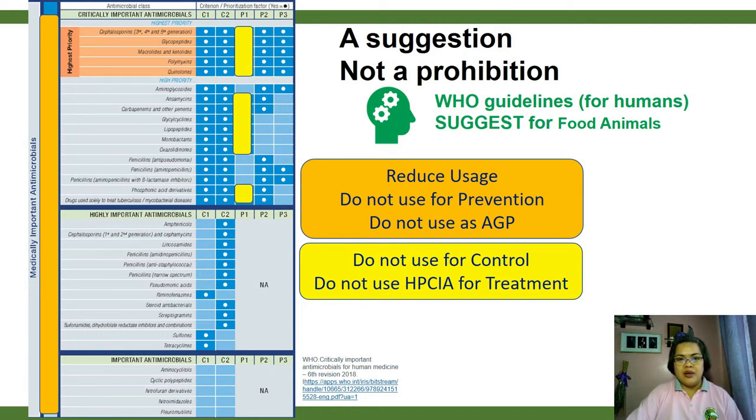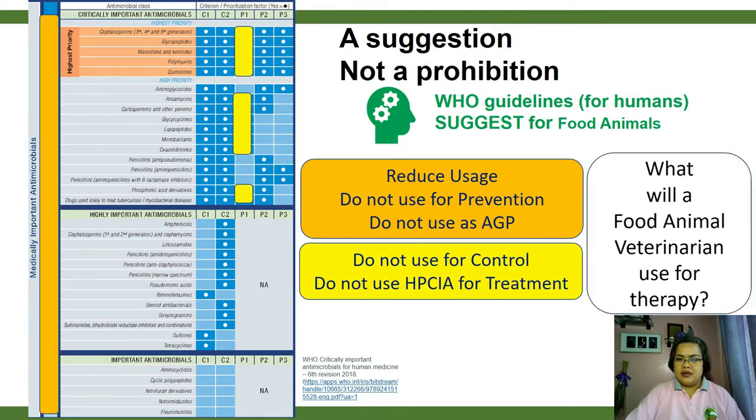While the ones with the yellow bars are identified as highest priority or high priority critically important antibiotics, and they are suggested not to be used for control or treatment in food animals. So, what will a veterinarian use for therapy?